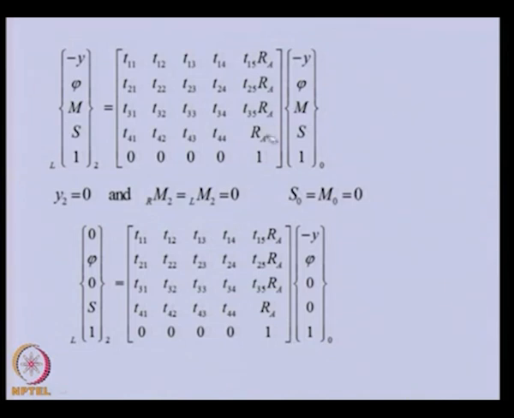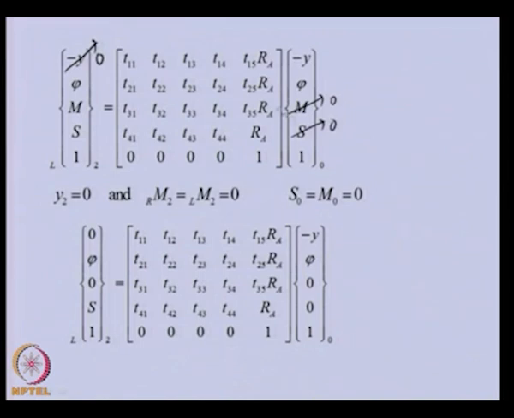Now, because this is the overall transfer matrix, we can apply the overall boundary conditions of the problem. At node 2, we have this particular displacement equal to 0, because this is a simply supported condition. At station 0, we have a free end condition, so bending moment and shear force are 0.